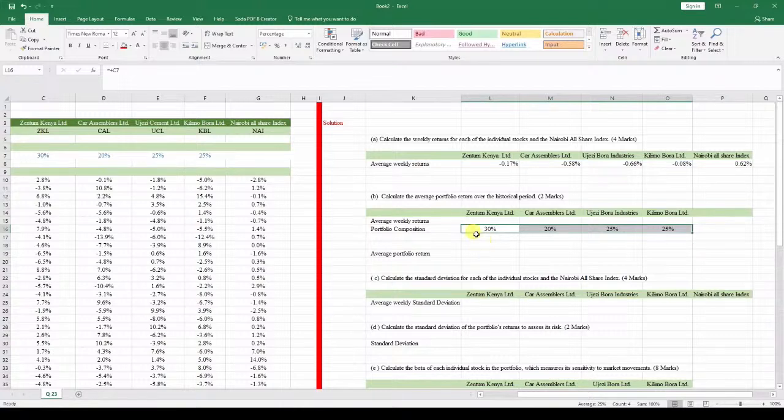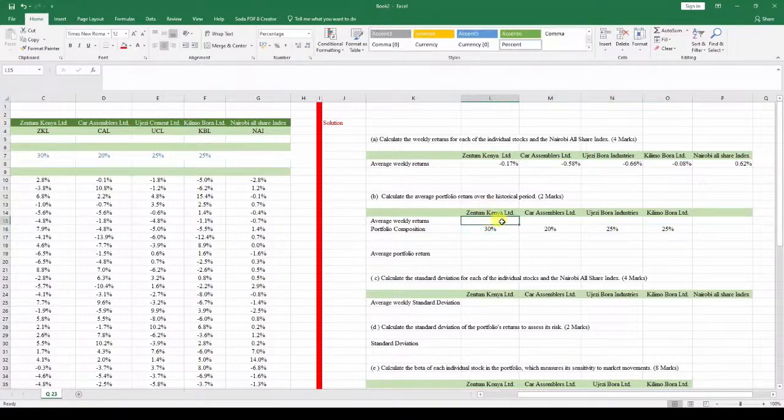Remember, we have computed the average weekly returns above here. So we just link it with up above there.